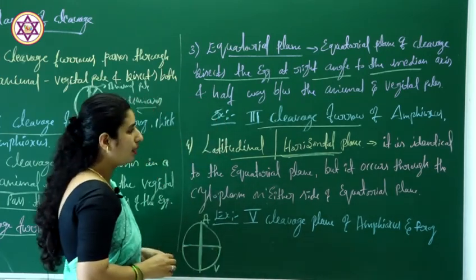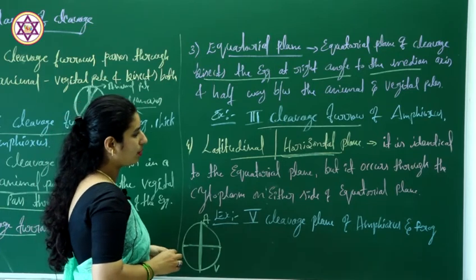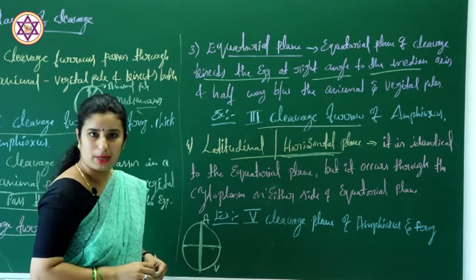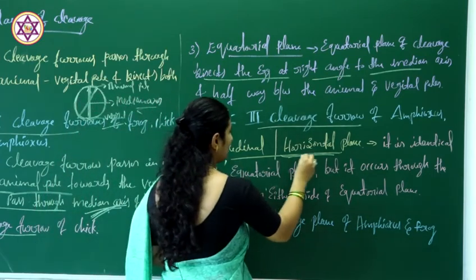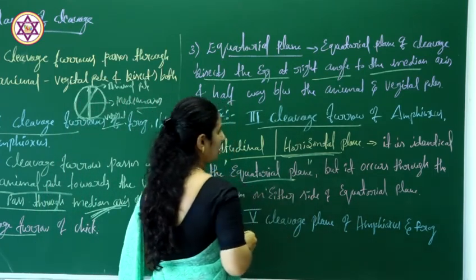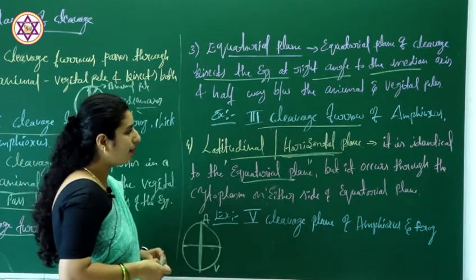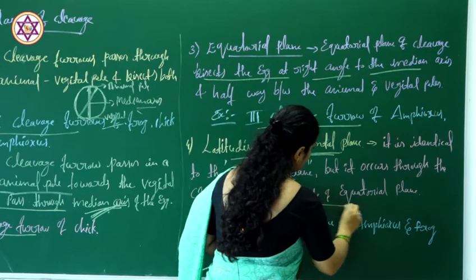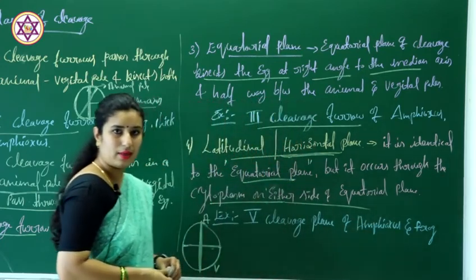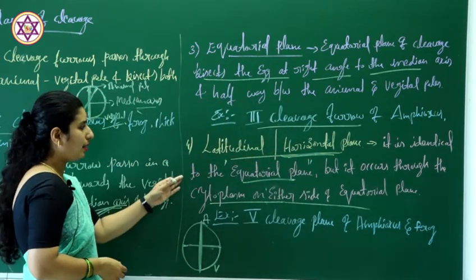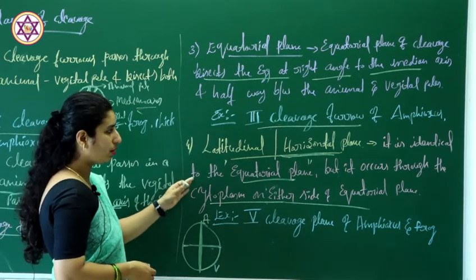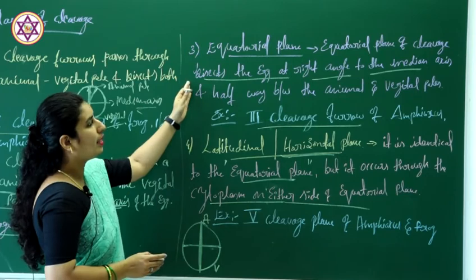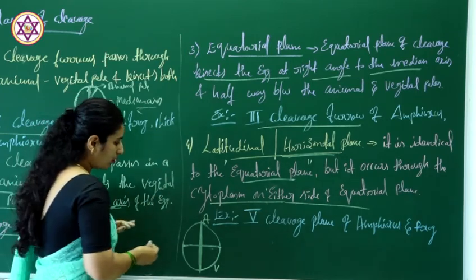This horizontal plane or latitudinal plane is identical to the equatorial plane, but it occurs through the cytoplasm on either side of the equatorial plane. So let me draw the diagram.